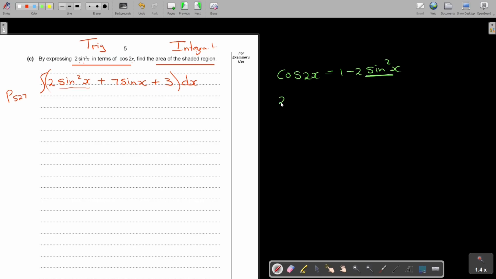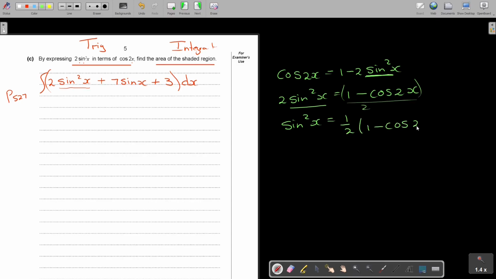So take the 2 sin squared x over and say 1 minus cos 2x. Okay, are you with me? And now I'm just going to get this alone. So sin squared x equals, I divide by 2, put that bracket, a half of 1 minus cos 2x. Okay, so that is what I'm going to do.